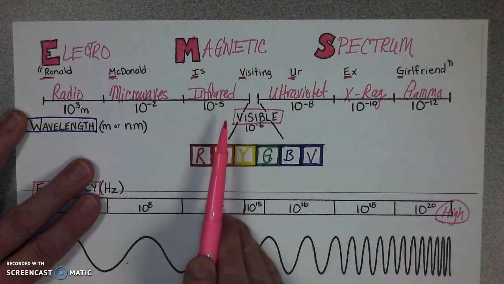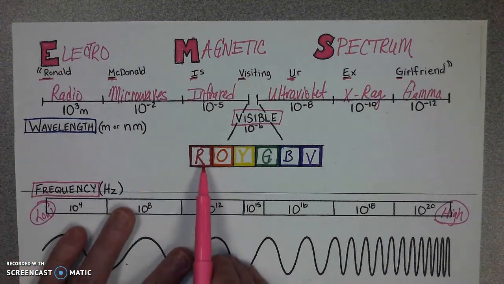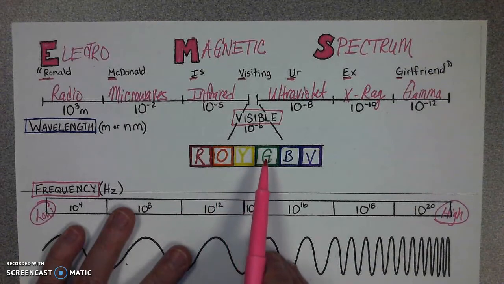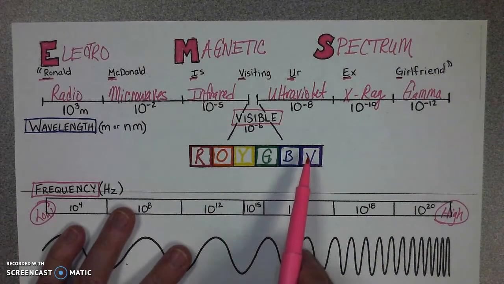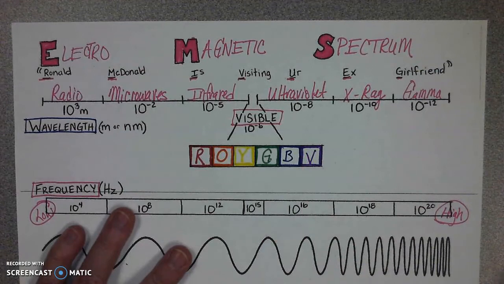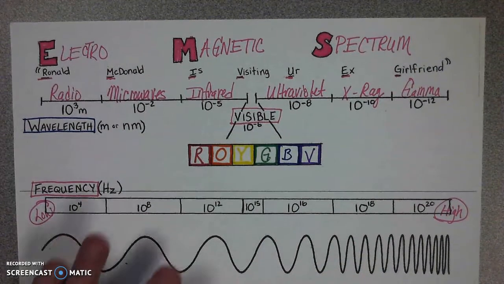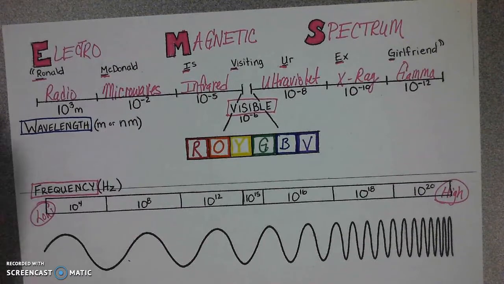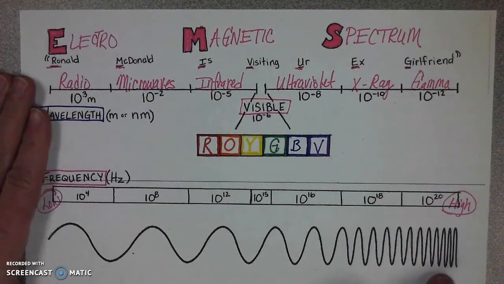Okay, let's talk about these visible rays really quick. So I've outlined this in red, orange, yellow, green, blue, and violet. And these are going to become really important when it's time to talk about our stars and what colors mean they are cool, what colors mean that they are hot, all that good stuff.